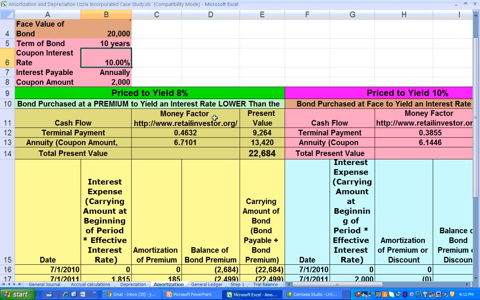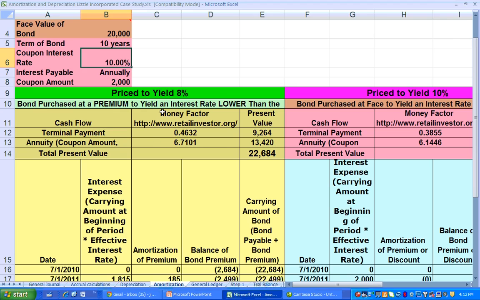If you know how to use your financial calculator, you should be able to do this yourself and get more precise if you don't end up at exactly an even percent. But generally in your financial accounting class in school, they're going to have you price the bonds to yield at nice even numbers, and you can use the tables that are presented in the books.